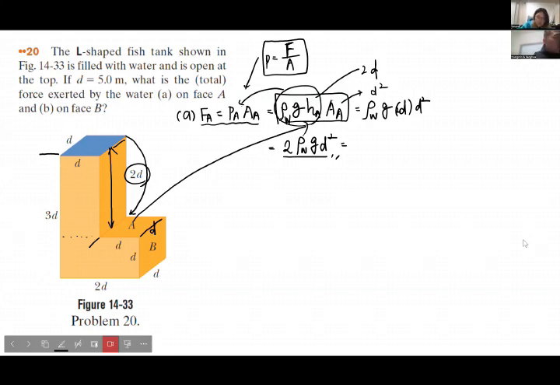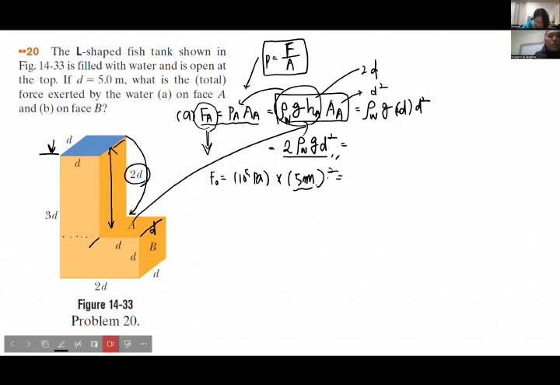For number B, the same reasoning. But one thing you have to remember, this is the relative force. So you have to add the force from the atmospheric pressure on top of the surface. So the force from the atmospheric pressure is 10 to the 5 Pascal times 5 meter squared, that is D squared.